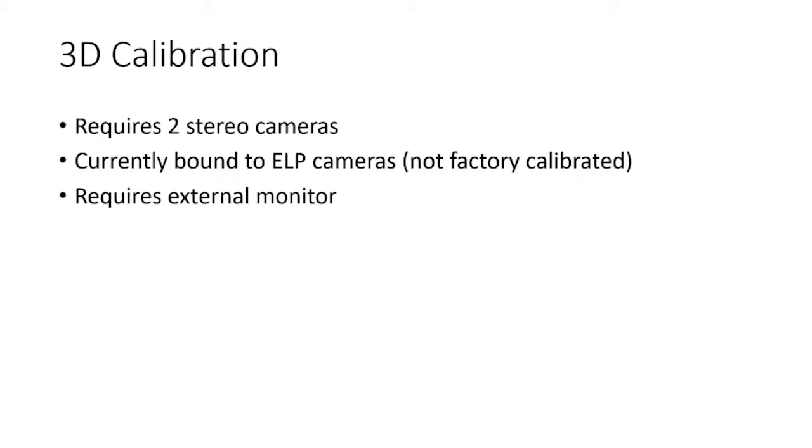That was again a breakpoint for me: okay, I don't want to use non-factory-calibrated cameras anymore. So let's try again to refactor the 3D calibration to allow using any kind of stereo camera we have or would like to use.